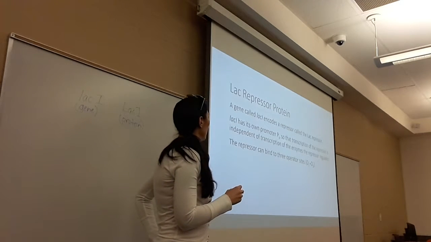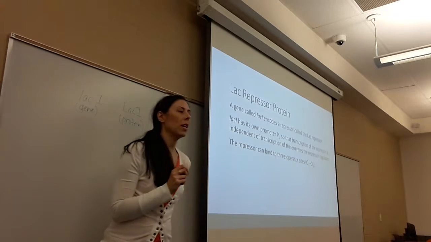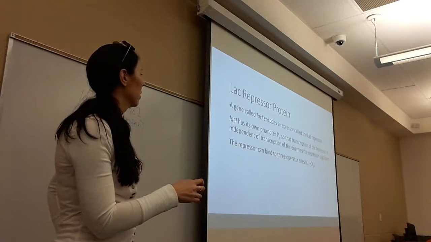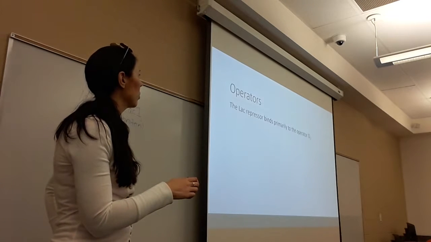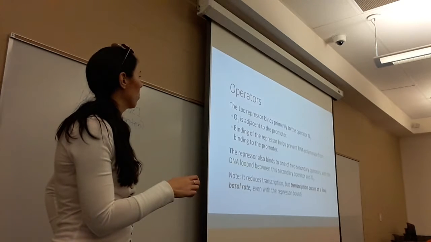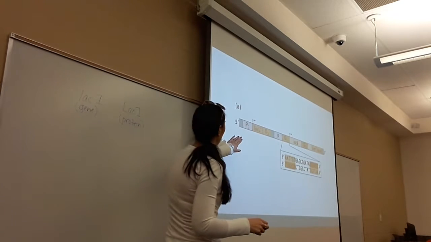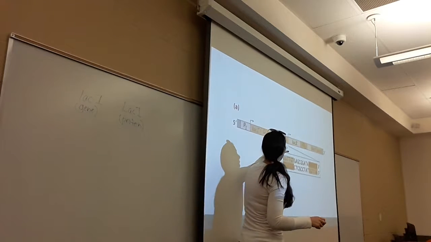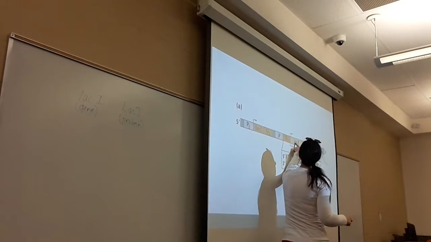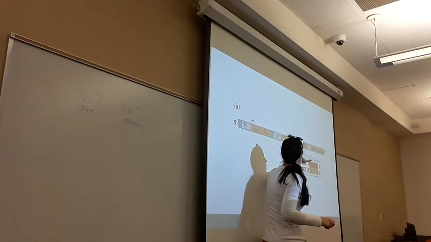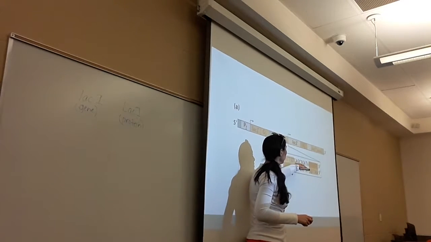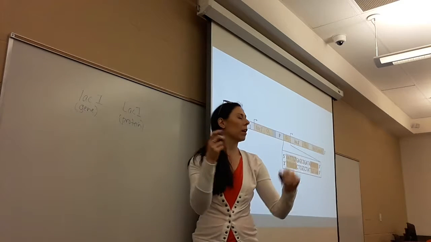The repressor binds to the DNA in the lac operon on 3 different operator sites, but mostly to the first 2. So remember, here is the lac operon, here's the promoter for lacI, the repressor, our operator sites, lacZYA. The DNA where the lac repressor binds has these palindromic sequences, so they're the same forward and back.